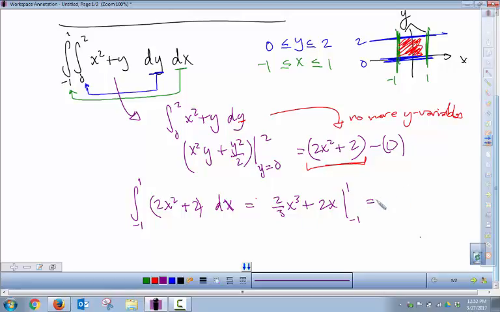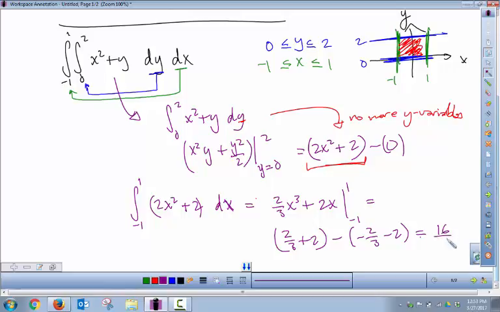That's 2/3 plus 2 minus (-2/3 minus 2). So whatever 2/3 plus 2 is, 8/3 times 2, 16/3, maybe. Okay, so that's how we do these integrals, right? Any questions?